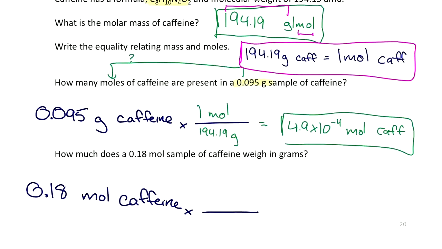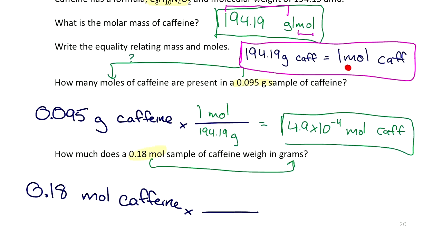Similar question. How much does a 0.18 mole sample of caffeine weigh in grams? We are given a mole amount and we want to calculate a gram amount. So I'm going to start my dimensional analysis with what's given here, and I'm still going to use the gram caffeine conversion that we got before. But this time, where am I going to put the 194?